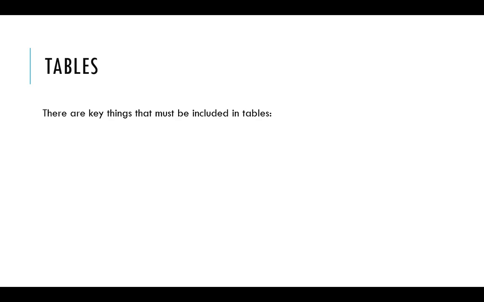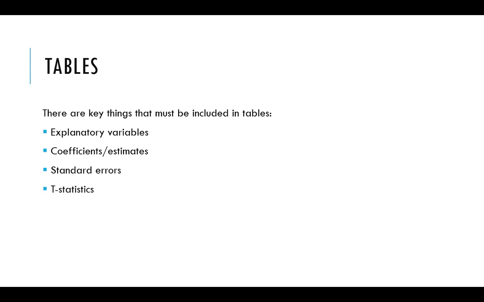So here are the key things that have to be included in your tables of regression results. Obviously, you need to have your list of explanatory variables using the variable names so that they match everything else that you've been saying. You're going to have your coefficients, right? Remember, these are the estimates of your betas, your parameters. Your standard errors, we'll remind ourselves what a standard error is in a minute.